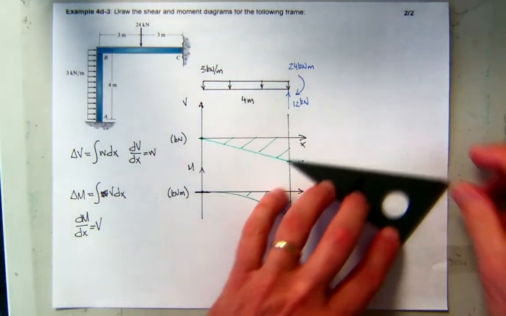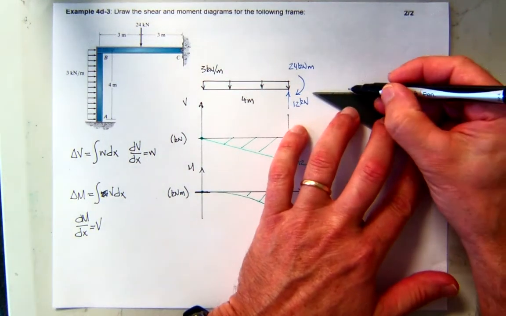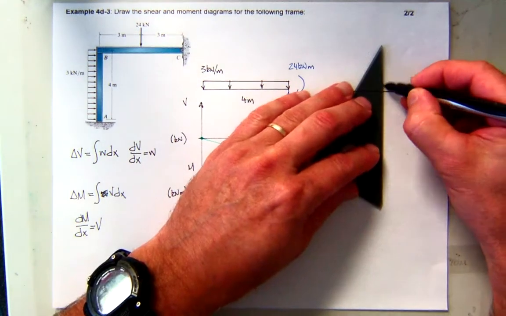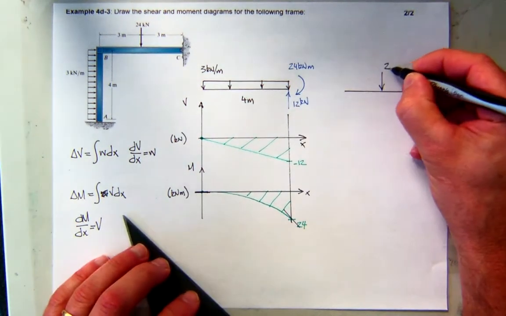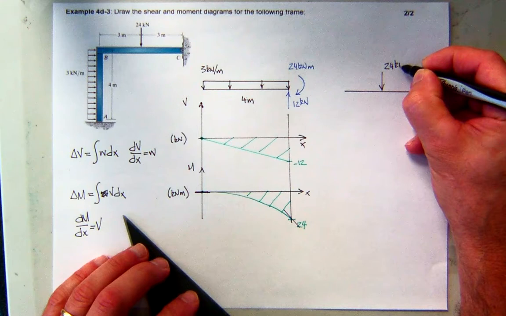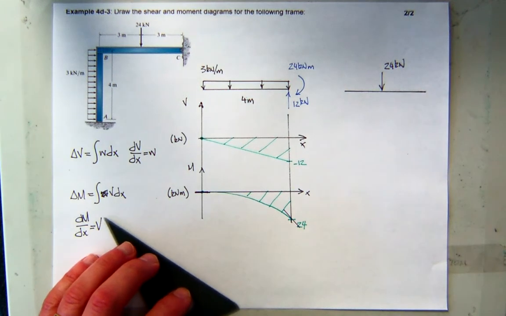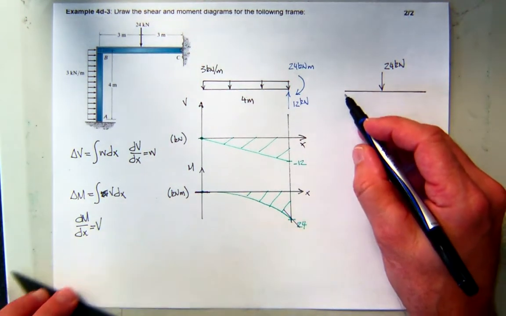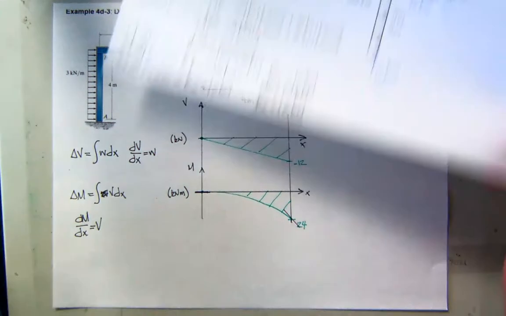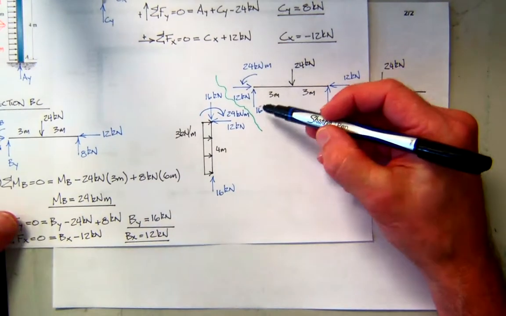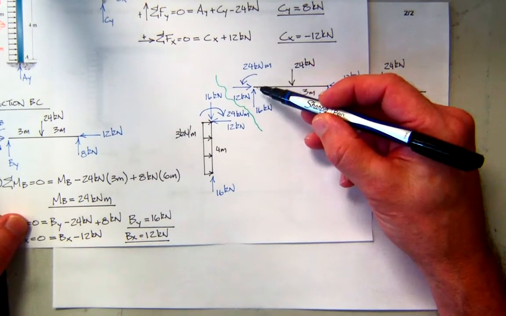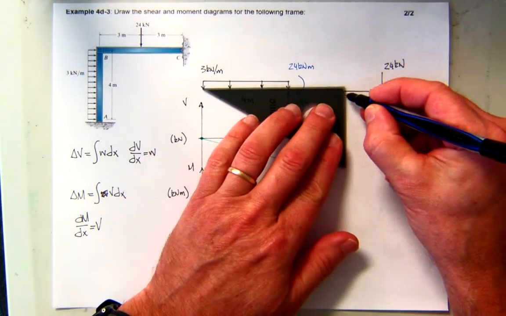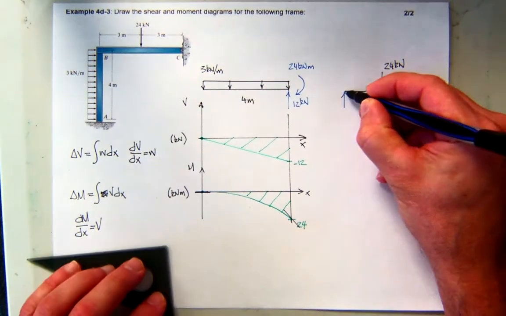So now we can look at BC. In the middle of BC, we have the original 24 kilonewton load. The shear at B, let's drop back and look at our previous problem. That would be this value here, and that's up 16 kilonewtons.